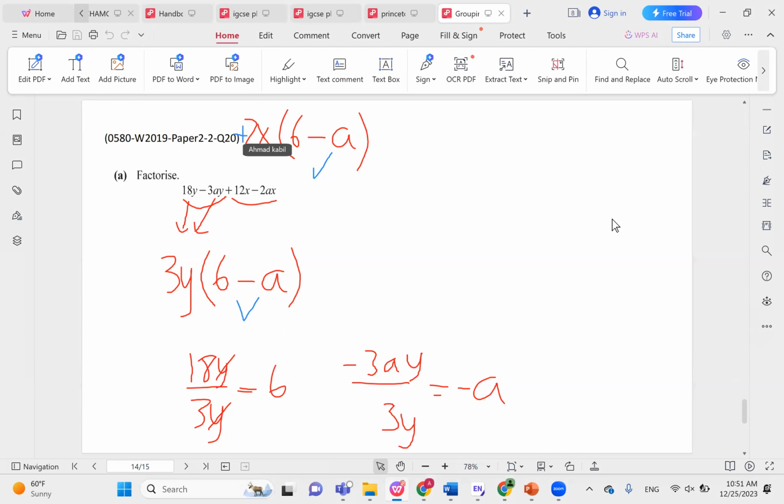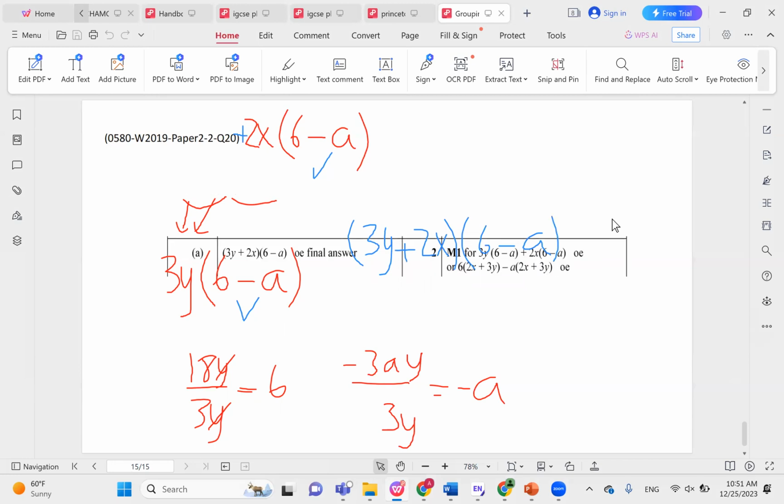So our final answer is going to be 3y plus 2x multiplied by 6 minus a. Let's check the answer. We have 3y plus 2x multiplied by 6 minus a. We have the correct answer, so we're good.